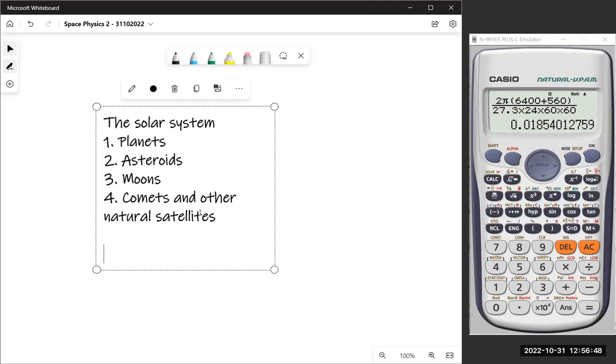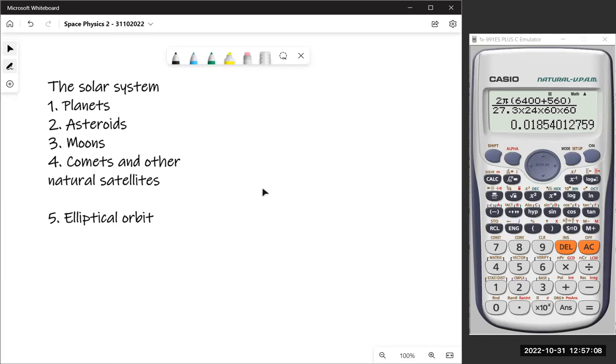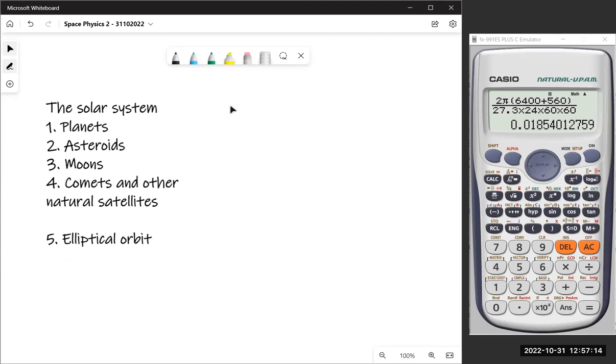Another thing, which is more important, is the elliptical orbit. The Sun isn't at the center of the orbit, right? It's one of the foci. Yes, it's not at the center. Exactly. So let's start with the solar system.